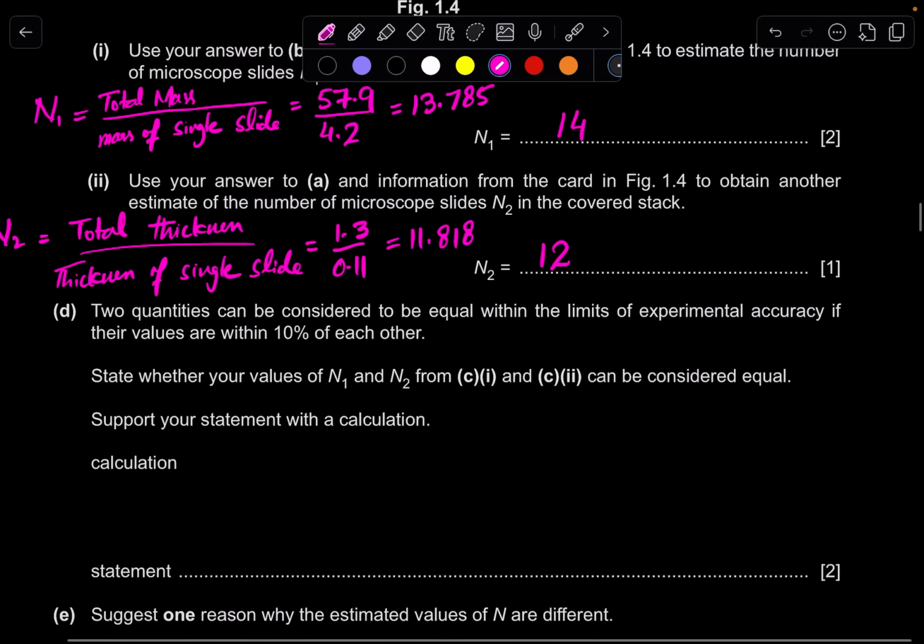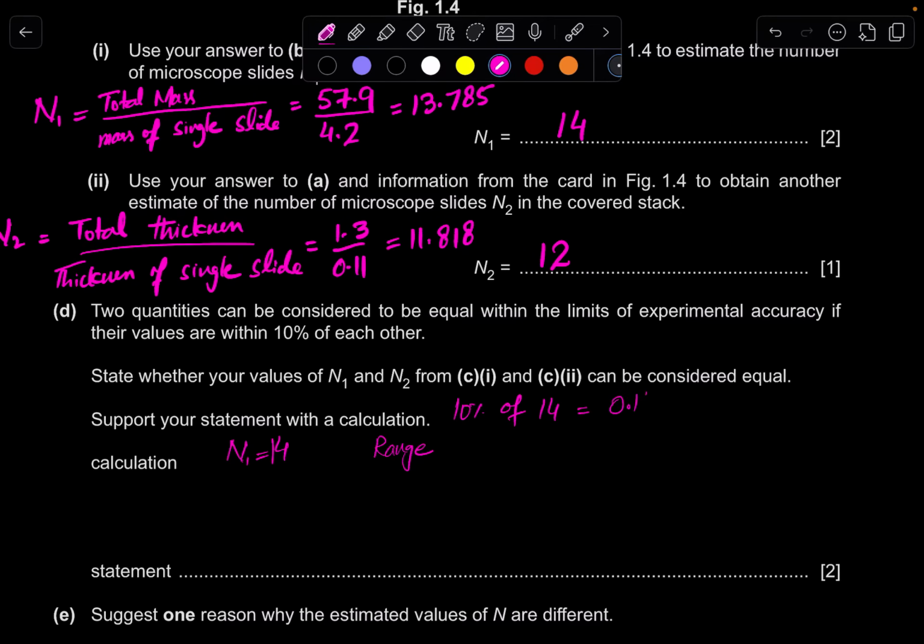So what values we have? We have for n1 is basically 14, right? So its range will be, if I'm considering 10% of 14, that will be 1.4.